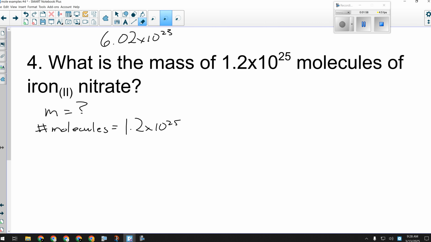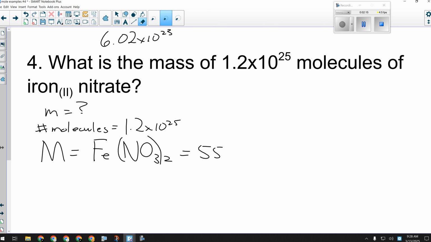They also tell us that this stuff is iron 2 nitrate. So Fe with the 2+ charge, nitrate with a -1 charge, is going to look like this. Getting the molar mass of that, 55.85, that's our 1 iron. How many nitrogen are there? 2. So 14.01 times 2.